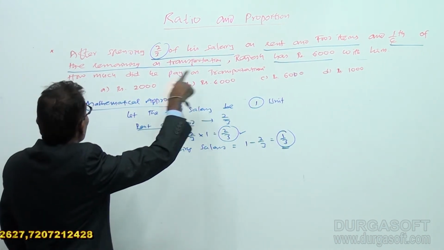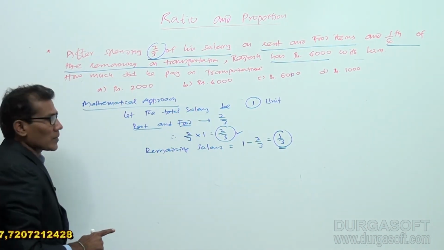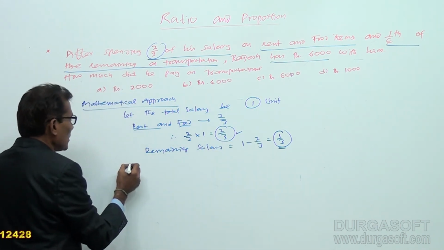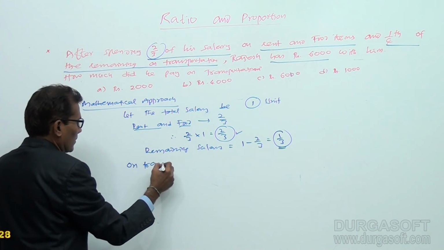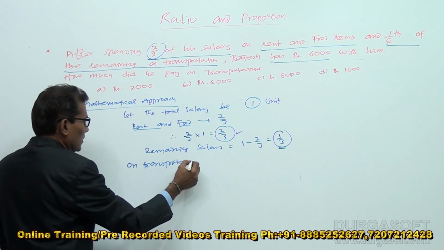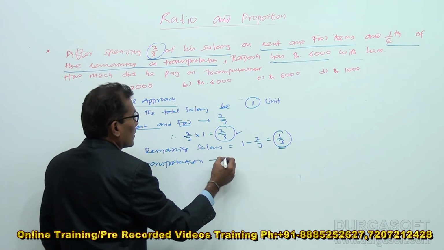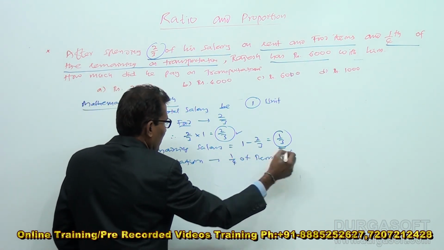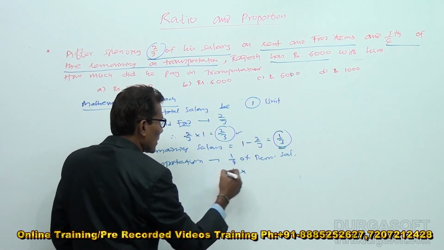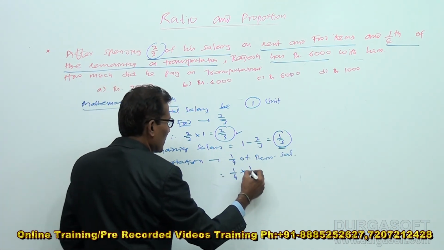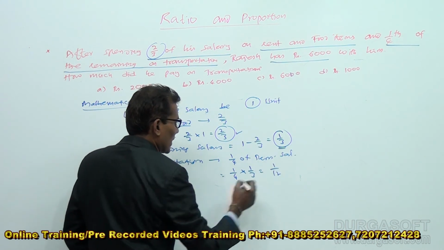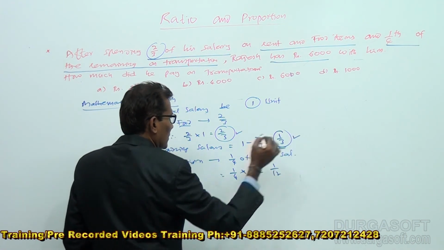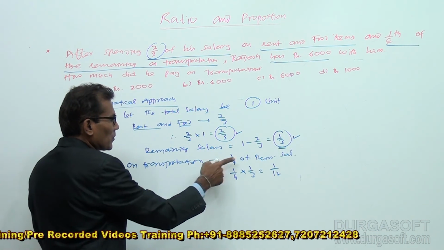Now 1/4 of the remaining salary is spent on transportation. The remaining salary is 1/3, so 1/4 of it is 1/12.